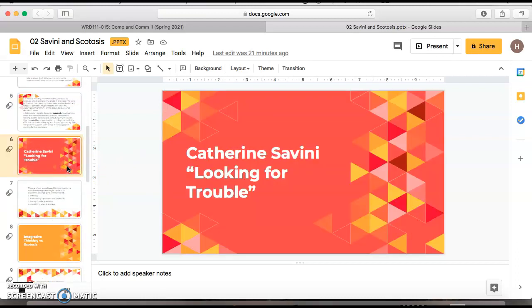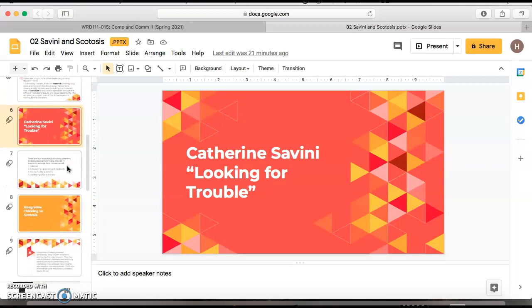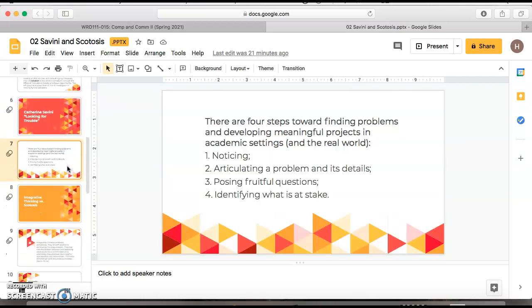So, when it comes to Catherine Savini's Looking for Trouble, one of the main things I want you to take away from it is that she lists out 4 steps for finding problems and developing meaningful projects in academic settings and also in the real world.